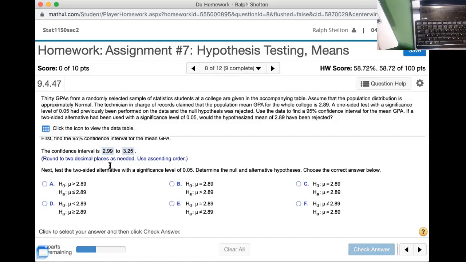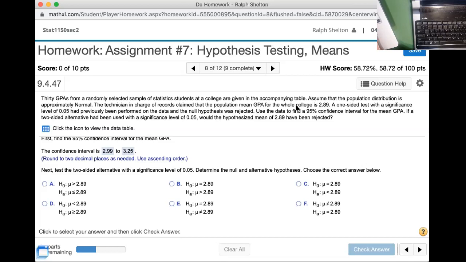Next, test the two-sided alternative with significance level of 0.05. Determine the null and alternative hypothesis. Okay, the null never changes, right? The technician in charge of records claims the population mean for the whole college is some value, so it's telling us the value for mu under the null hypothesis. The null hypothesis means that when we test our sample, there's no change from the real big population, so our sample actually came from a population that had the claimed value for a mean.